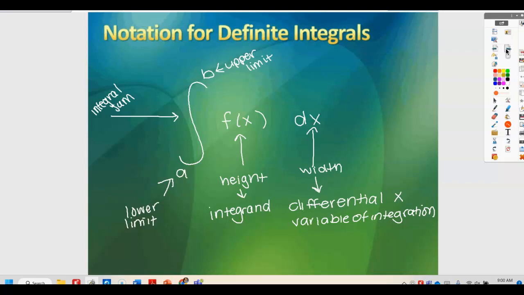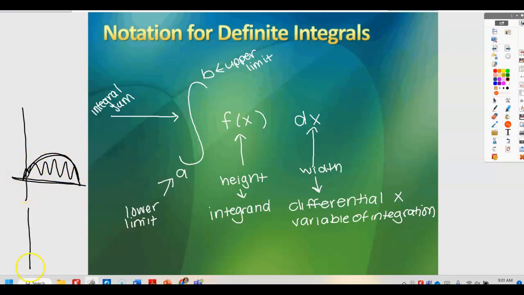Just like we had dy dx, and implicit where we had dx dx, and dr dt, where we integrated with respect to time, you can integrate with respect to y. When we integrate with respect to x, we're finding the area between the curve and the x-axis.